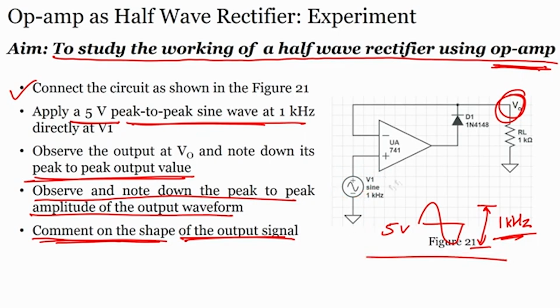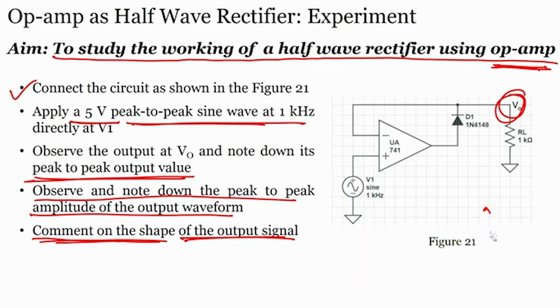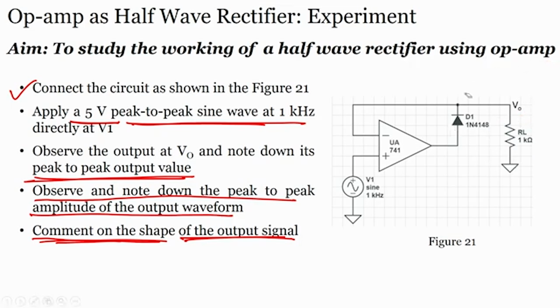The components we require are an operational amplifier, a load resistor of 1 kilo ohm, an ordinary PN junction diode, whose number is also given, and the connecting wires. The equipment we require is a function generator, and second, an oscilloscope. And since we are using an operational amplifier, we have to apply the bias voltage, so we require a DC power supply.